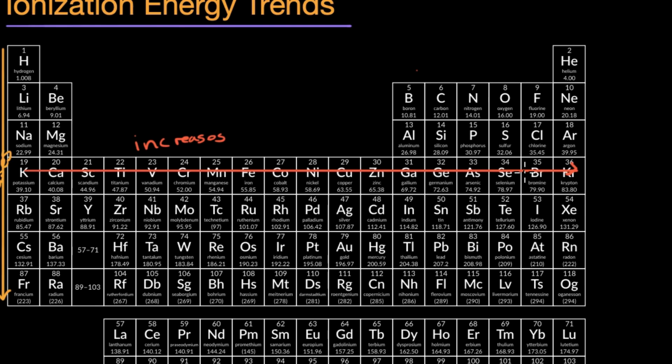It's going to pull more and more on those outer electrons. And remember, you have the same number of core electrons because you're just adding to the outer shells. And so it's going to pull harder and harder on them and bring them closer and closer. And we saw that atomic radii decreases as you go from left to right. And so it makes sense that ionization energy increases. It's going to be harder and harder to pull off that highest energy electron from, say, bromine than it would be from, say, potassium.